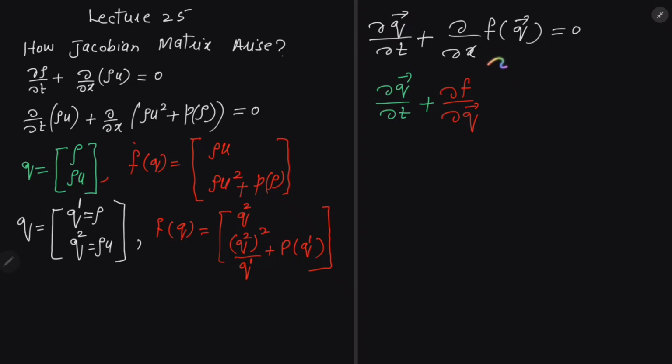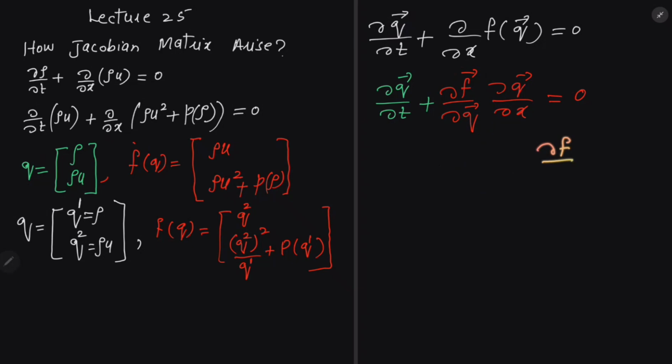Just to emphasize again, f is written in bold, so it is a vector quantity. Then partial q vector by partial x is equal to 0.